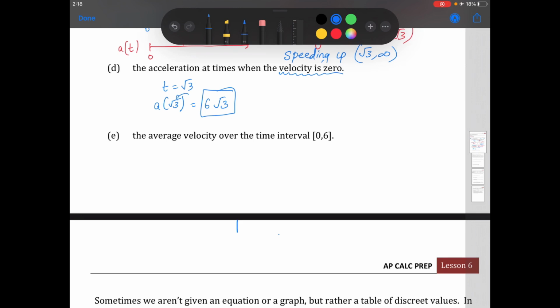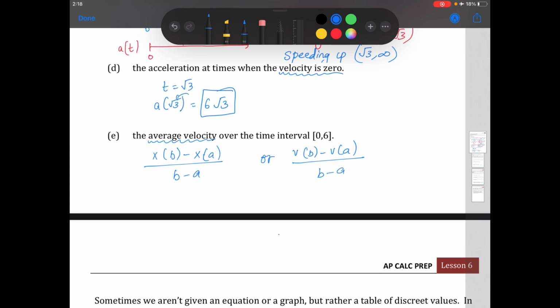Part E. The average velocity over the interval 0 to 6. Okay, you have to be very careful about this. This can be confusing at times because students are often confused that it's asking for the average velocity. So am I going to use x of b minus x of a over b minus a, or am I going to be using v of b minus v of a over b minus a?